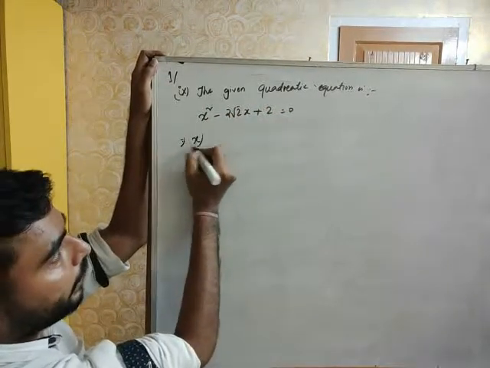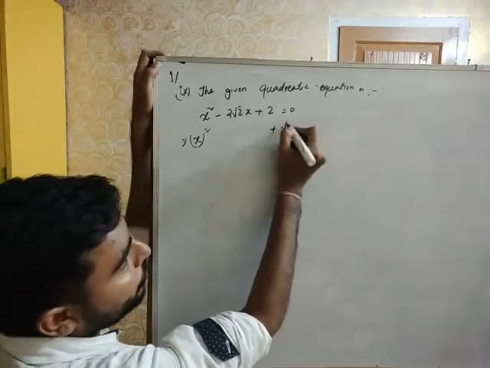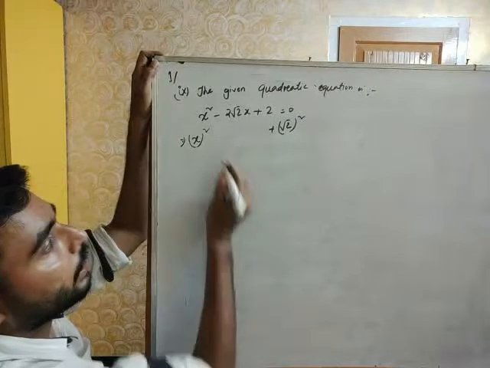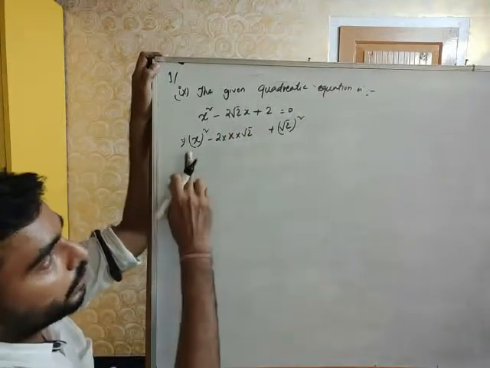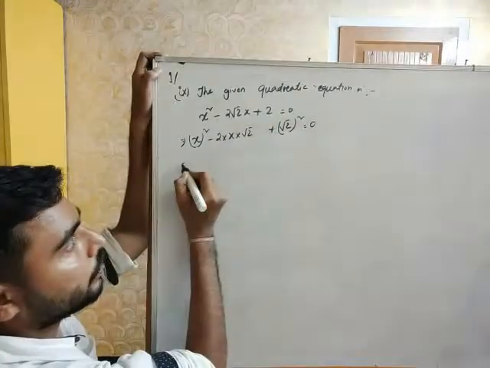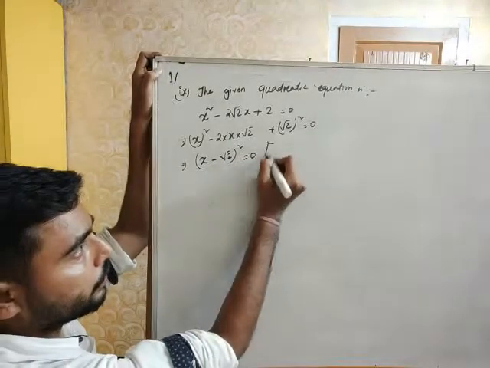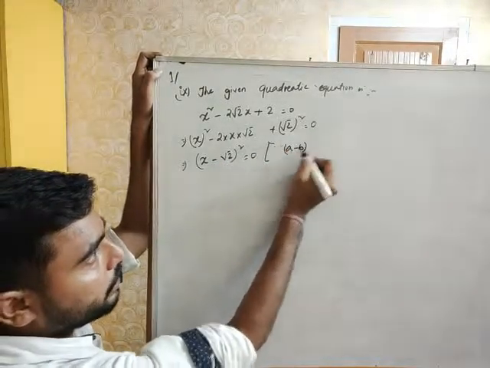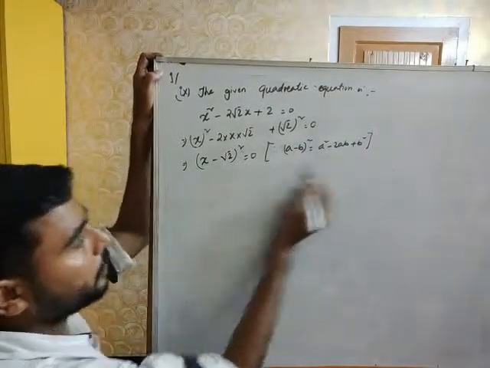So now I can write x as x whole square, 2 as root 2 whole square, minus 2 into x into root 2. So it is a square minus 2 into a into b plus b square is equal to 0. So I can write a minus b whole square is equal to 0, since a minus b whole square is equal to a square minus 2ab plus b square.